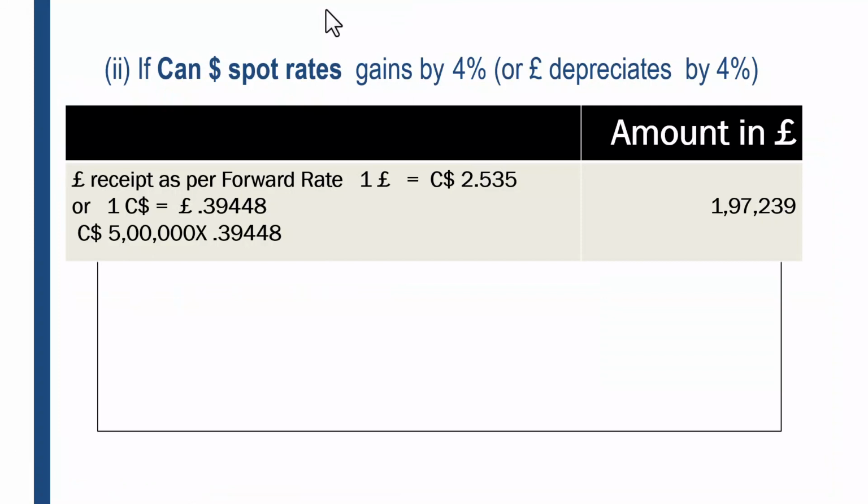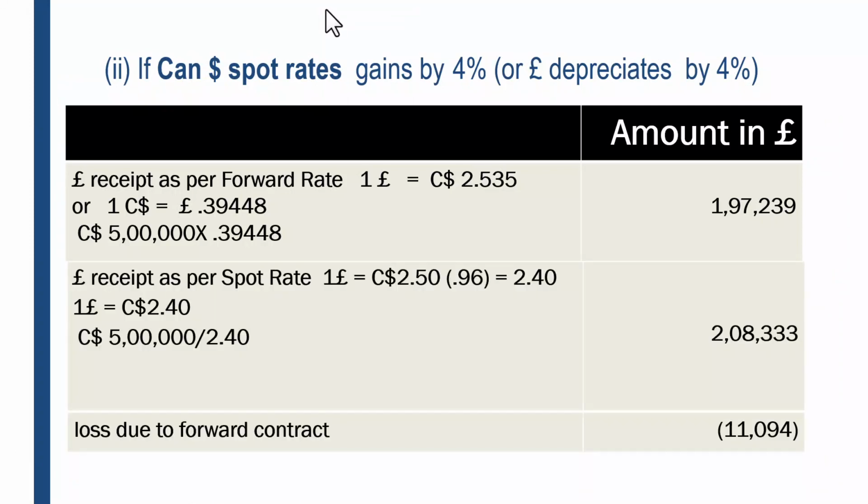Okay. Now it happens that the pound has actually depreciated by 4%. But you were expecting the Canadian dollar to depreciate, while the pound has depreciated by 4%. So you are going to lose 11,094, because in this case you would have got 2,08,000 pounds if you had not taken a forward cover, because the Canadian dollar would have appreciated.